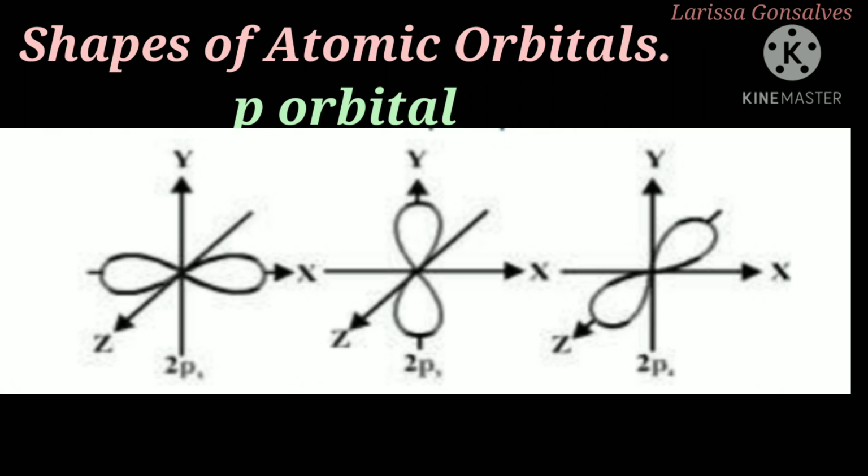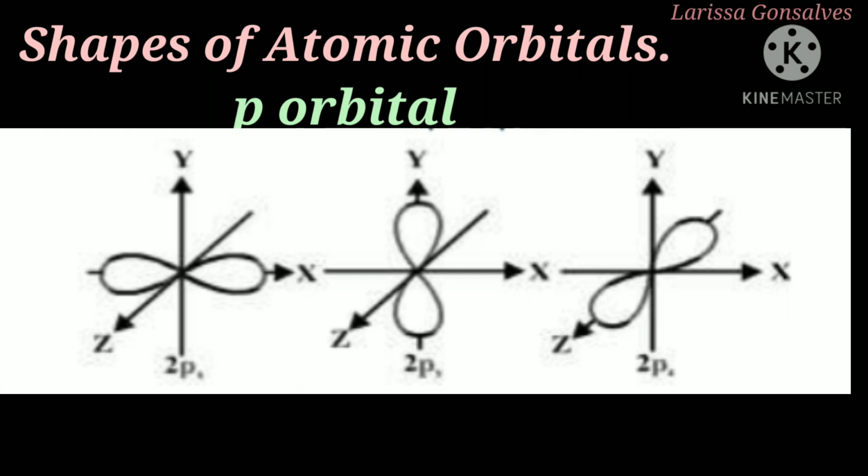Nodal plane is the plane where the probability of finding electrons is minimum or 0. The nodal plane for px will be the yz plane. For py, the nodal plane will be the xz plane, and for pz, the nodal plane will be the xy plane respectively.